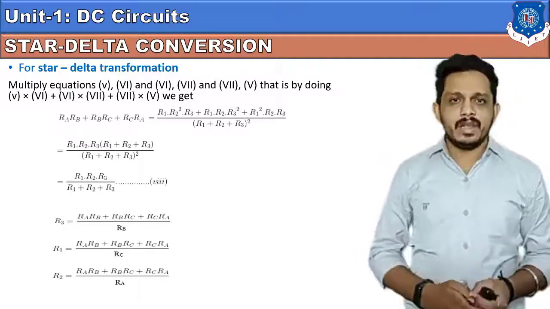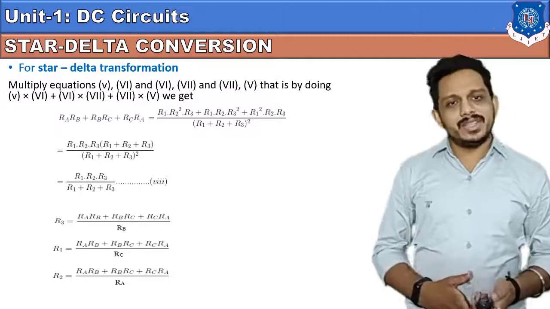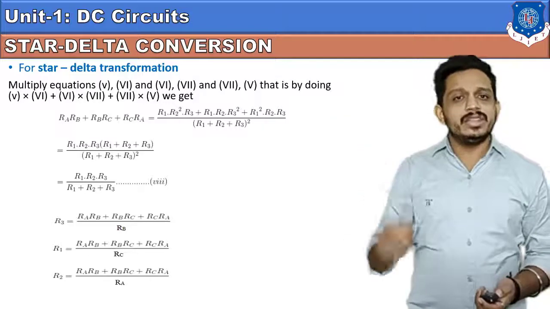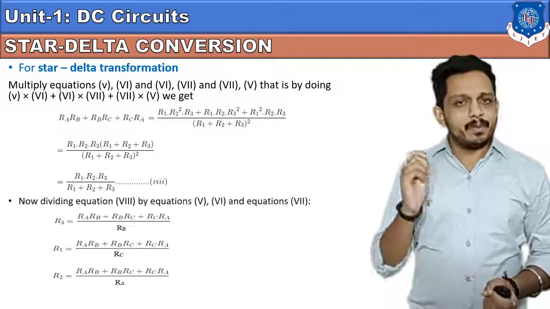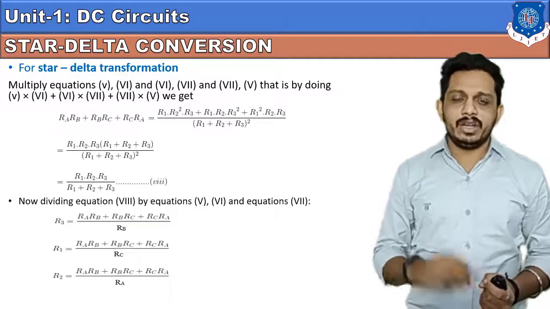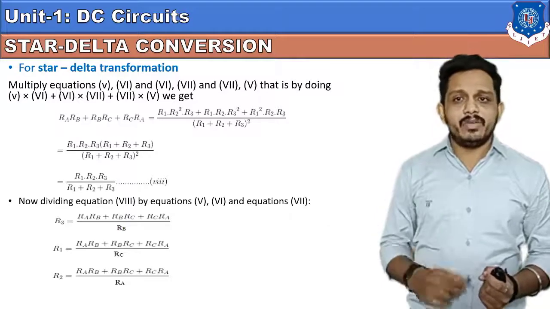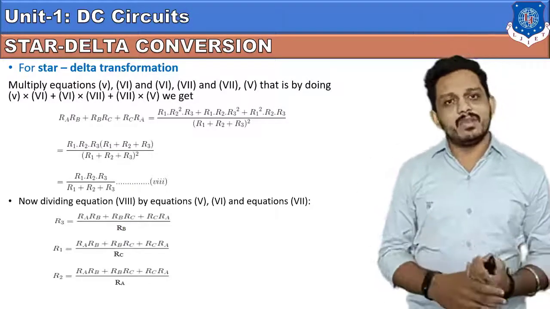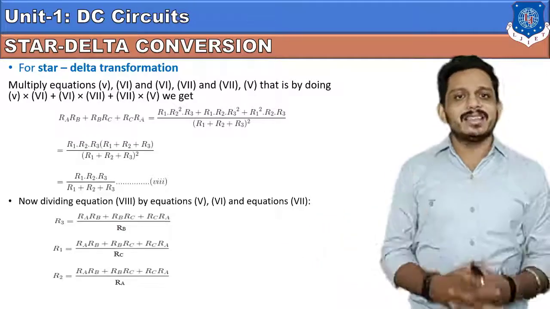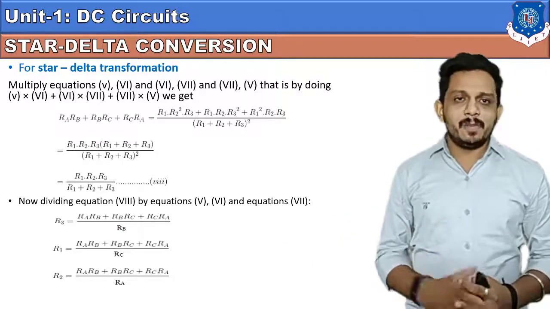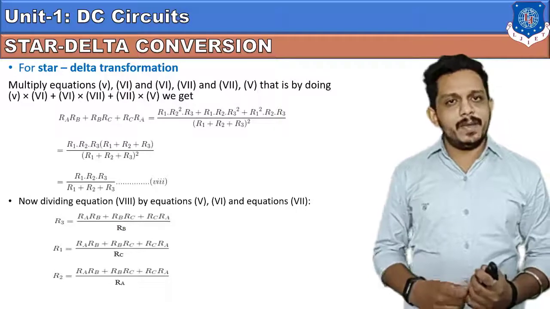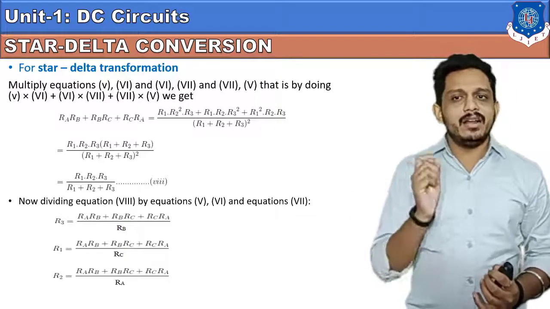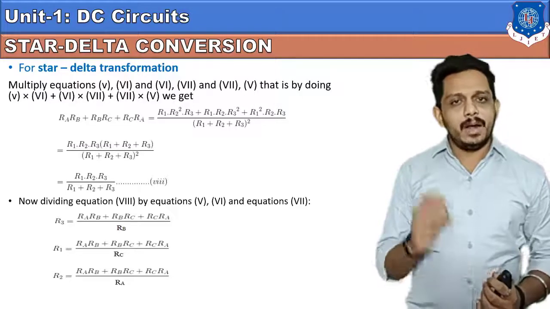And then we have this equation as R1·R2·R3 divided by R1 + R2 + R3. Now we divide this equation one by one by the equations that we previously obtained. Previously we obtained three equations, and if we divide this equation by the fifth, sixth and seventh equations, then we get the answer like this. R3 is equal to (RA·RB + RB·RC + RC·RA) divided by RB?